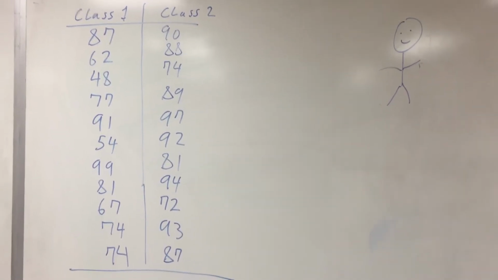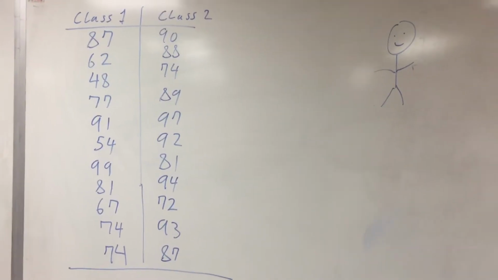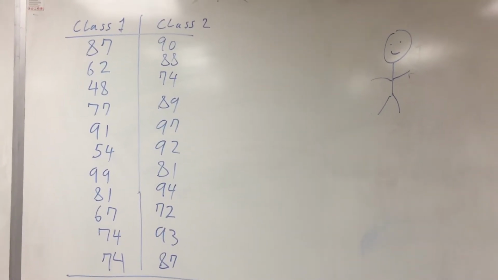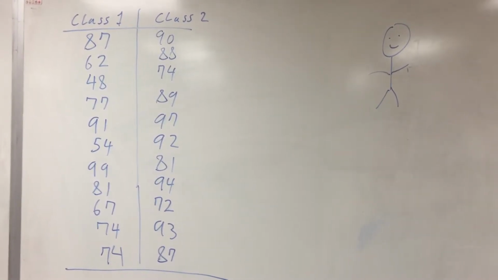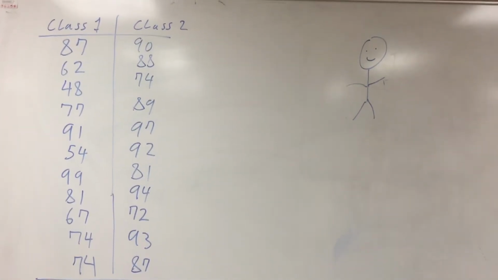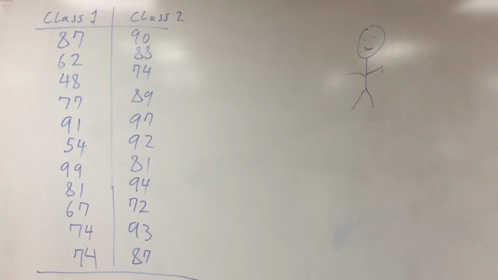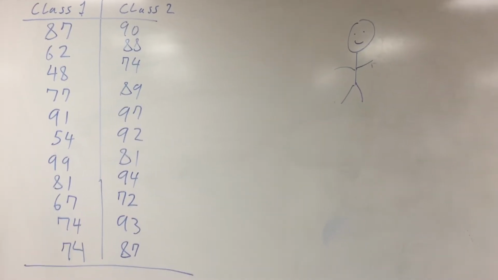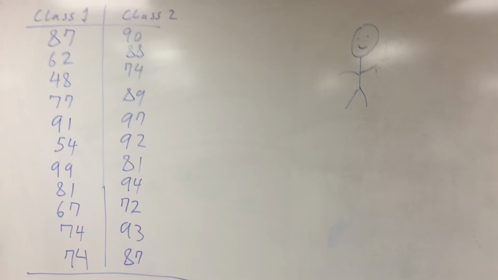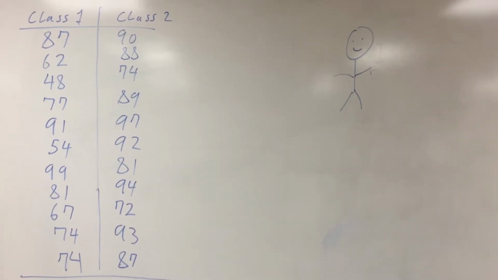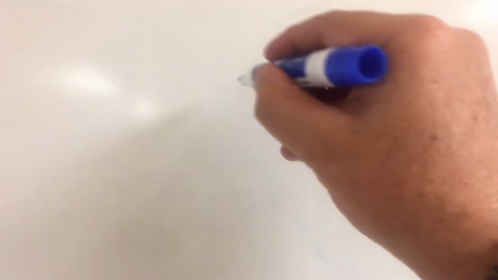Class 1 did not get video supplementation. All they got was lectures and homework and textbook and PowerPoints. Class 2 received all of that, plus they got video instruction. They were able to go online and watch the videos. So I'm going to hypothesize something.